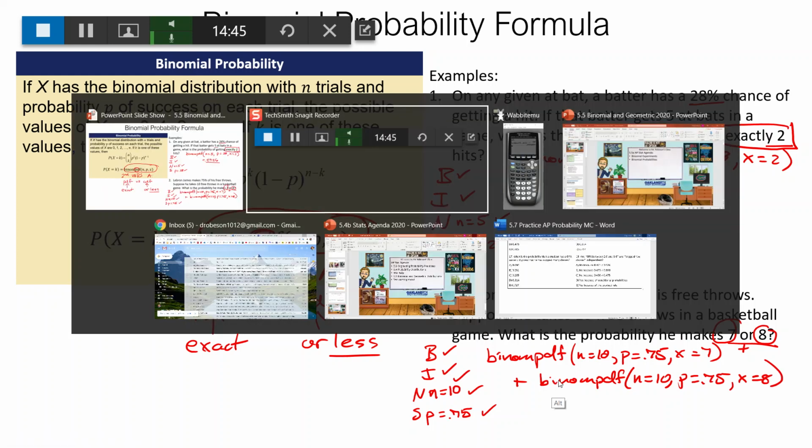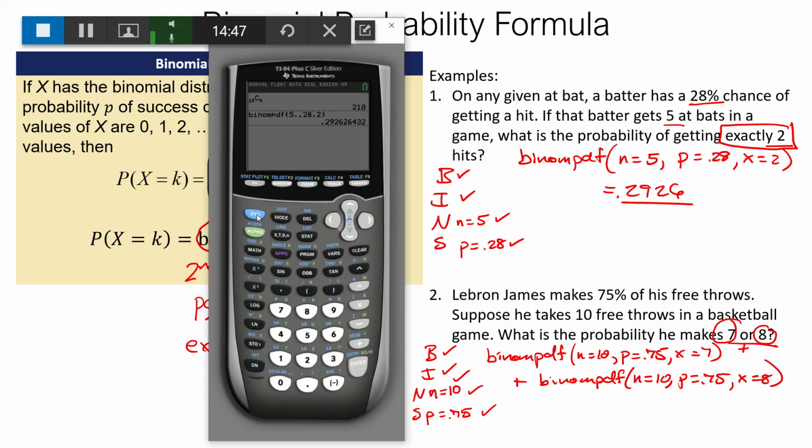So we pull out our calculator and type that in. Second, distribution, we could go down if we want, it just takes a while to get there. There it is, binomial PDF. We've got 10 trials, 0.75 chance of success, and we want to know about 7 first.